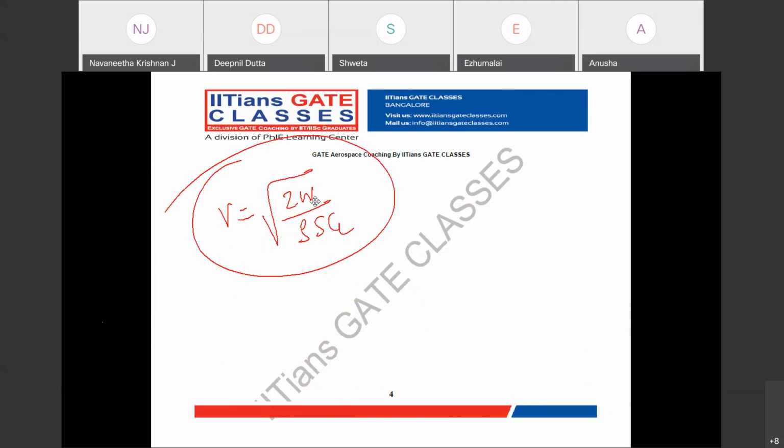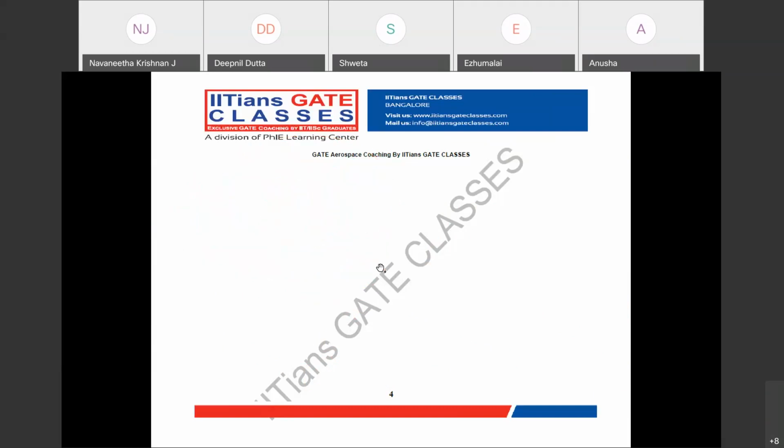This is for a steady level flight. If it is a climbing flight, there will be a cos gamma term also. Now there is a density term. So what happens as altitude increases? When altitude increases, density decreases.